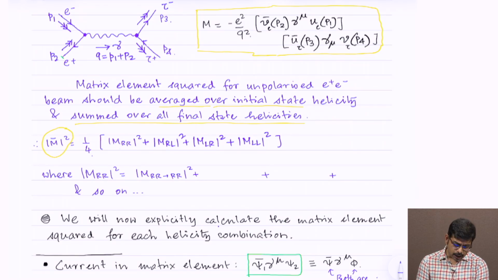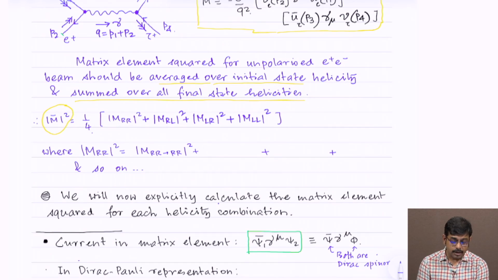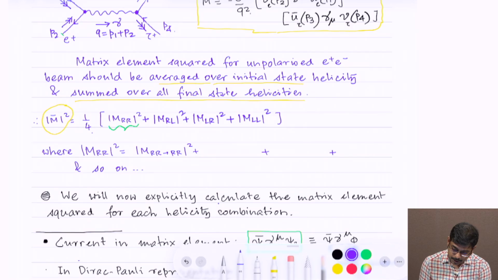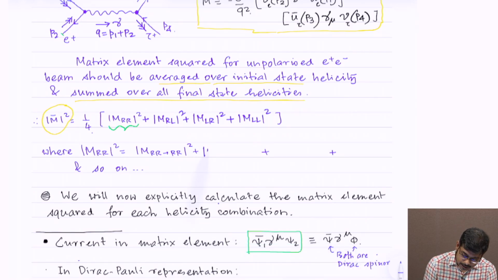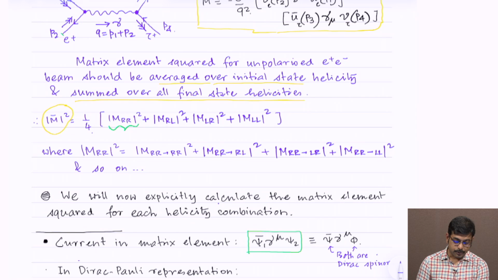But importantly, you have to remind yourself that M RR square will actually encapsulate all the helicity combinations that can be produced in the final state. So, this individual piece that we wrote over here will have the contribution coming from M RR to RR square, then M RR to RL square, M RR to LR square, and M RR to LL square, and so on.